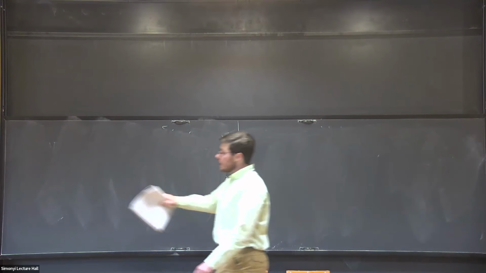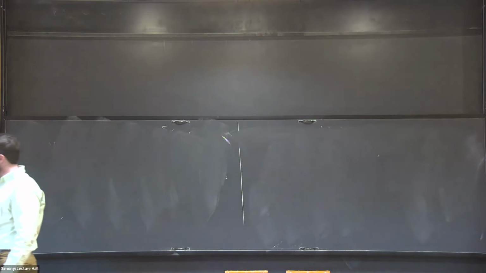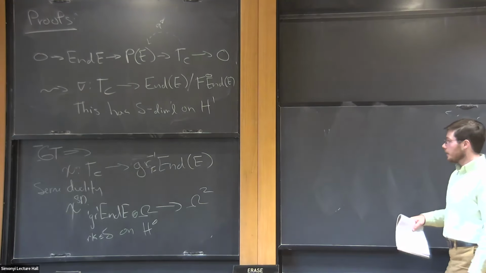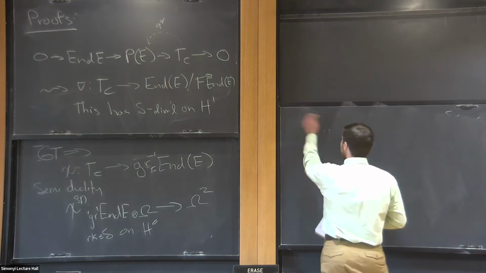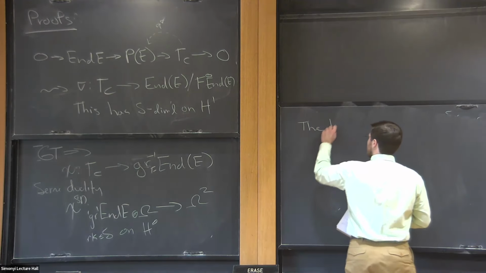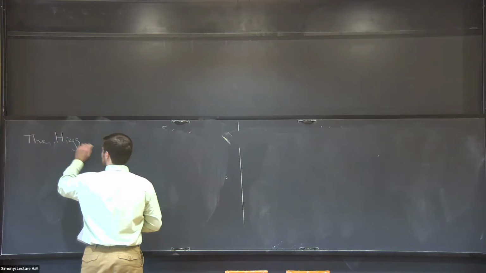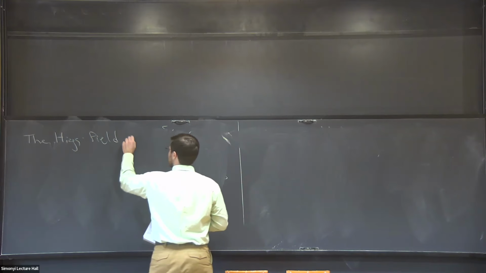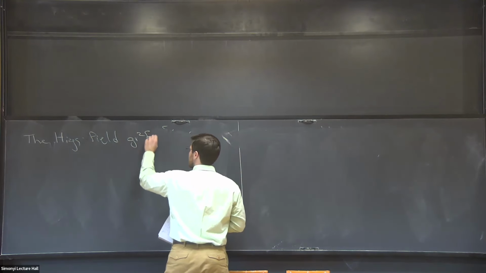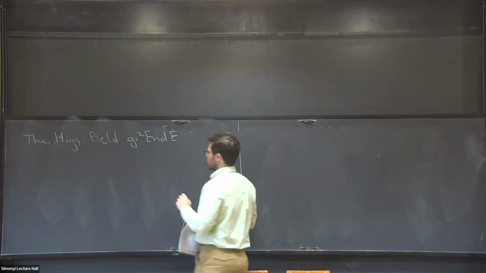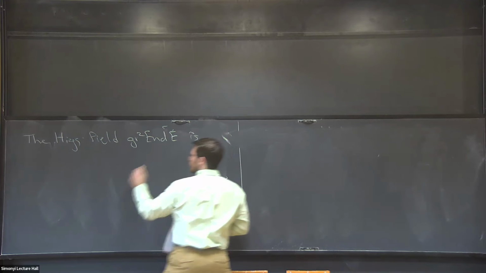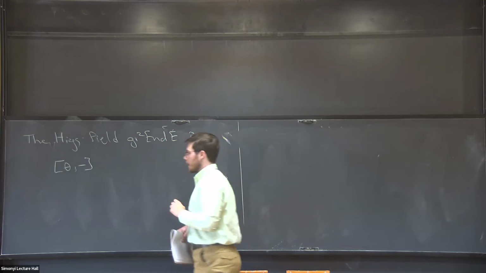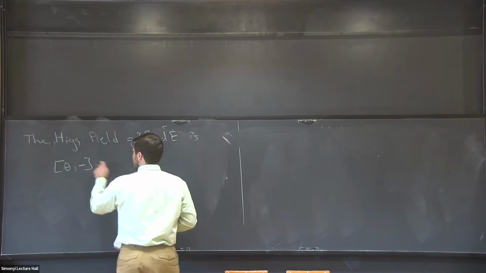Okay. Well, I mentioned you can view that as the Higgs field on the endomorphisms. On the other hand, I can write down the Higgs field on a specific piece of the endomorphisms of E. The Higgs field is particularly given by bracketing with theta.